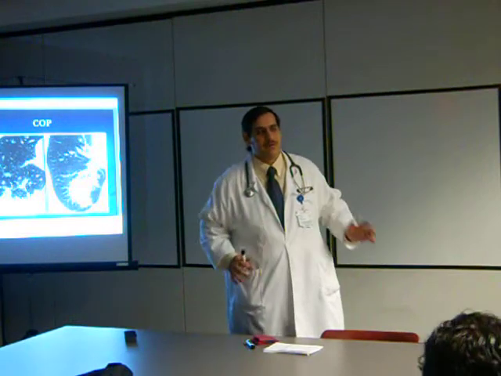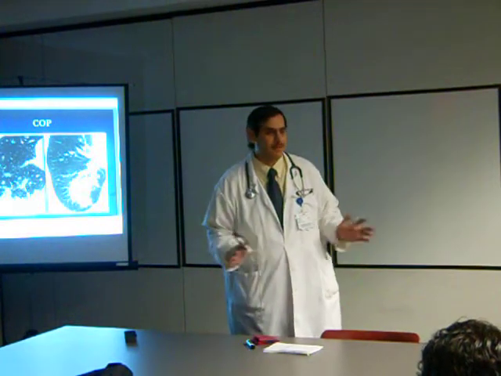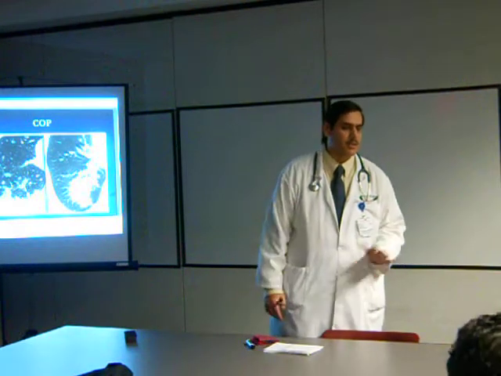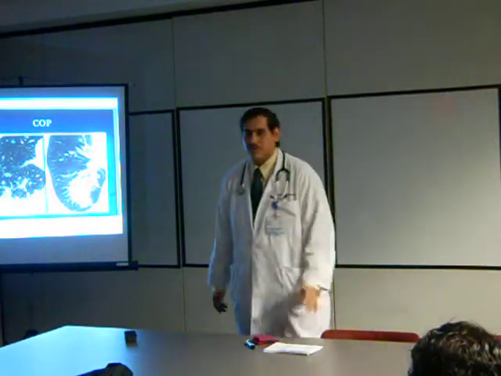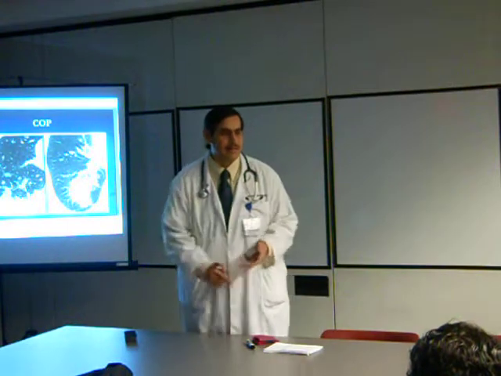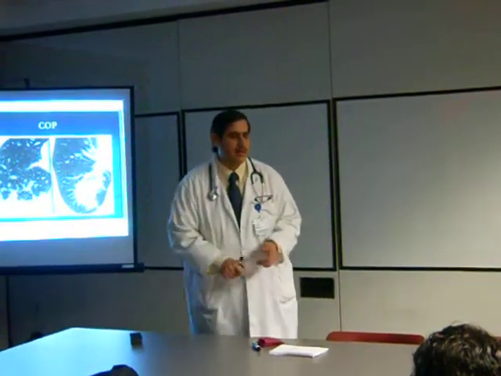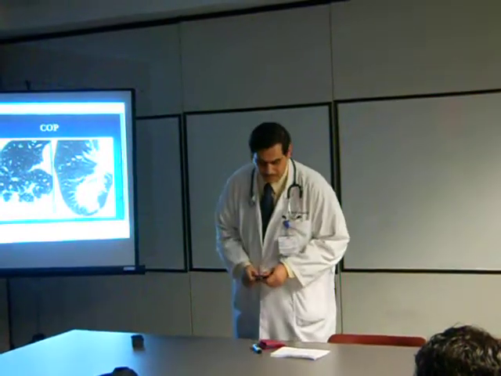Some people prefer to call it just cryptogenic for everybody. So it depends. Most of the time nowadays they call it just COP, cryptogenic organizing pneumonia. But remember to look for underlying causes: connective tissue diseases, infections, and drugs.